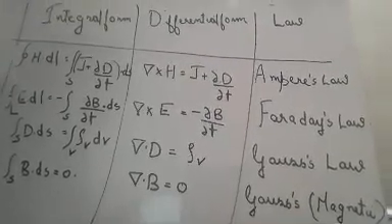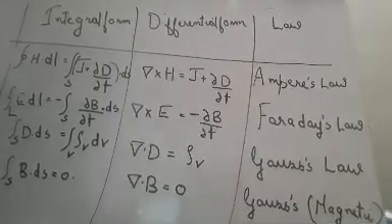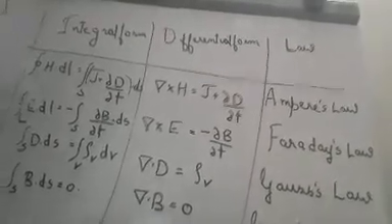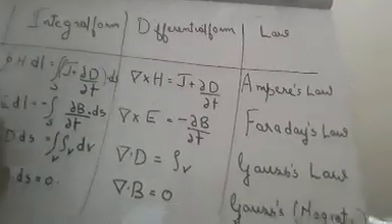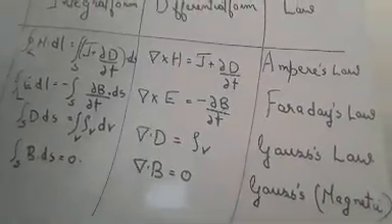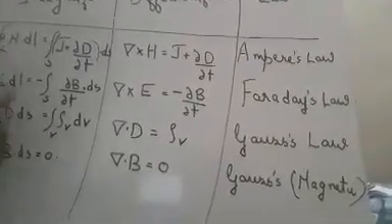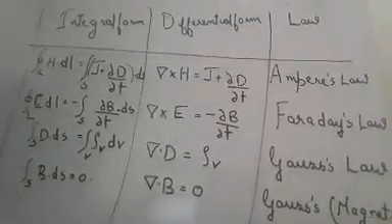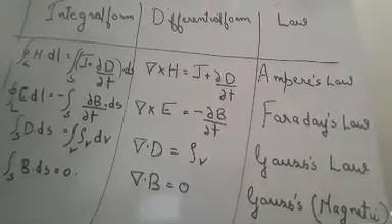These are the Maxwell's equations in integral form. First is closed line integral of H dot dl is equal to surface integral of J plus dou D by dou t dot dS. Second one is closed line integral of E dot dl is equal to minus surface integral of dou B by dou t dot dS.